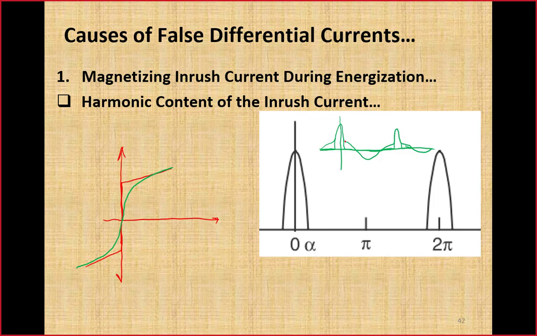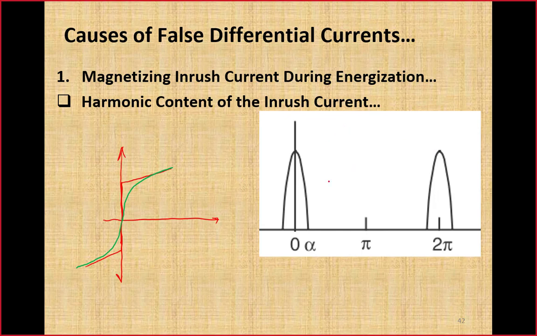Now the point where this inrush current intersects the angle axis is alpha. Alpha is known as the angle of saturation. If the core remains in the saturation region for a long duration, this alpha angle will increase. If it remains for a short duration in the saturation region, this alpha will reduce.